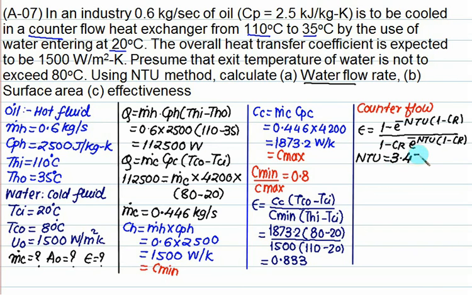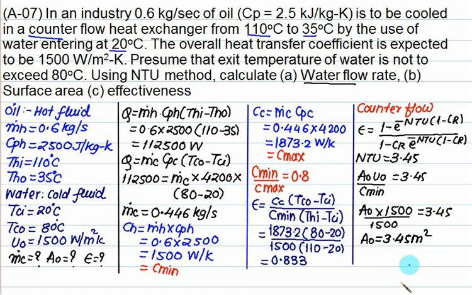But NTU equals A0 U0 by C minimum. U0 is provided as 1500, and NTU is 3.45. So we can find the area of the heat exchanger.